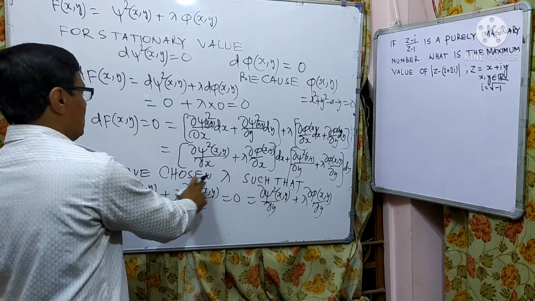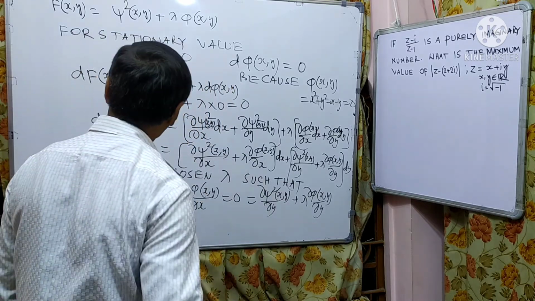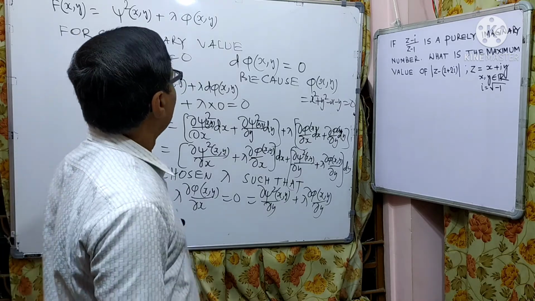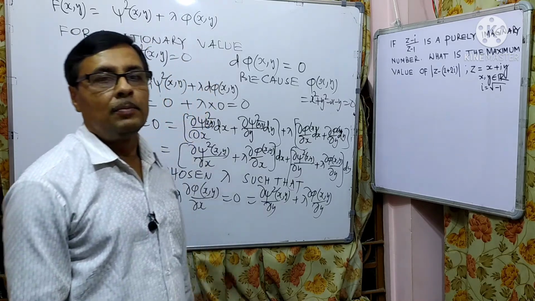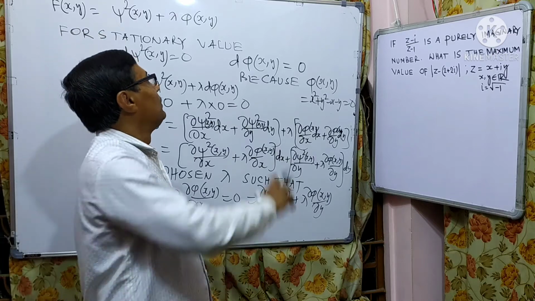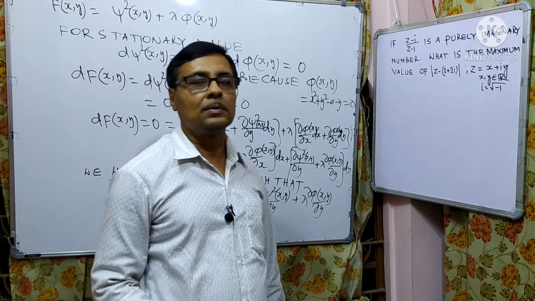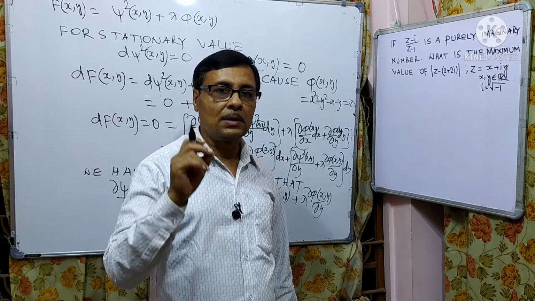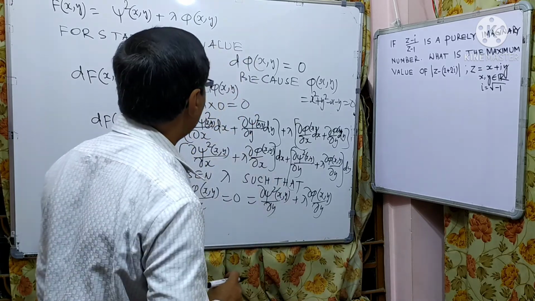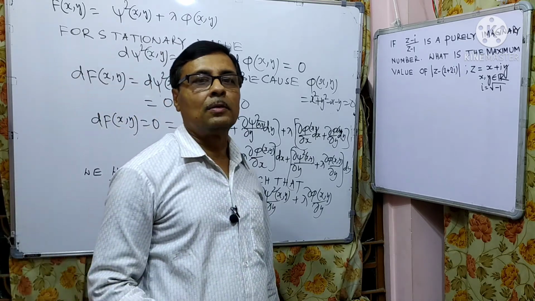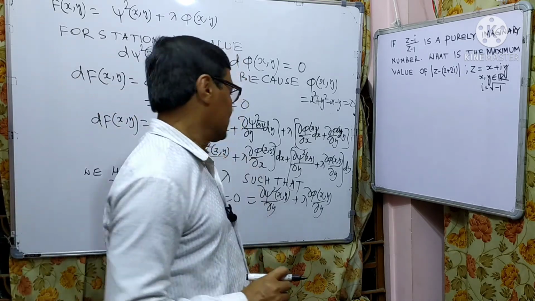This is the rule of Lagrange multiplier. We have already chosen the method of Lagrange multiplier to maximize the function psi square xy and also the function psi xy.